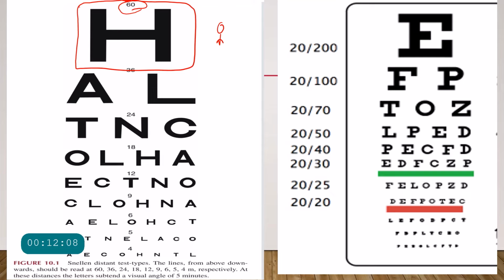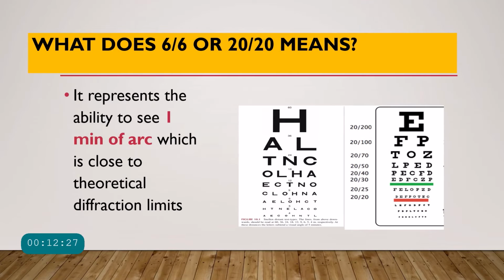So although we are testing the patient at 6 meters, this patient is able to see this line even at 60 meters, right? If someone has a visual acuity of 6 by 36, it means that this patient is able to see this line even at 36 meters, although we are testing at 6 meters. So that is the meaning of the notation.